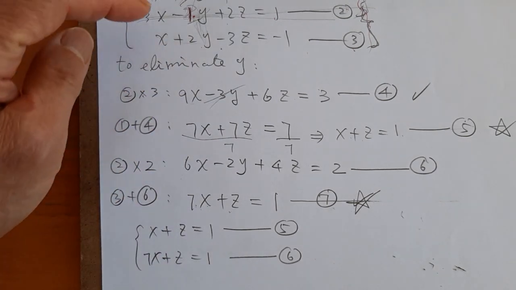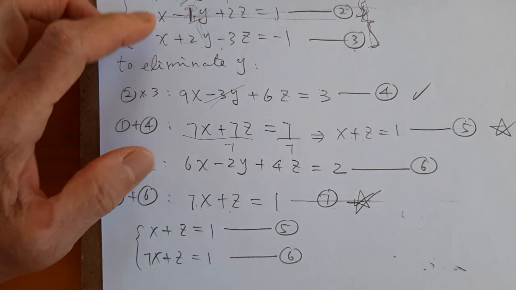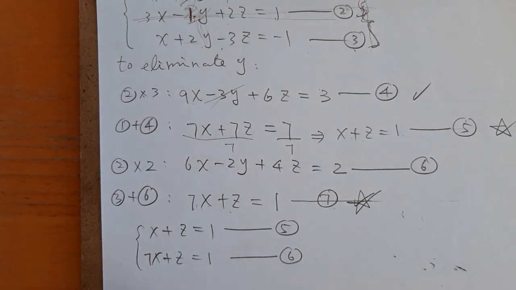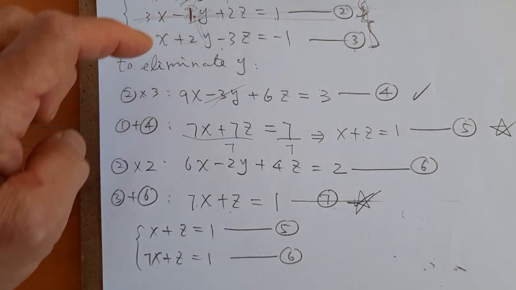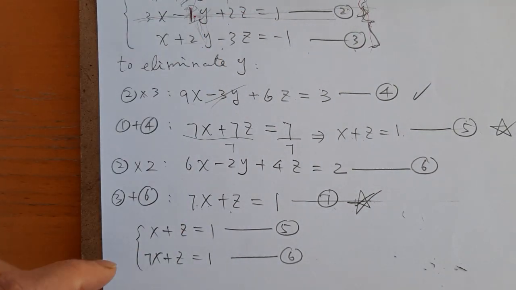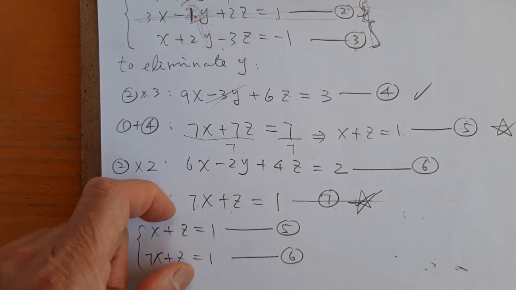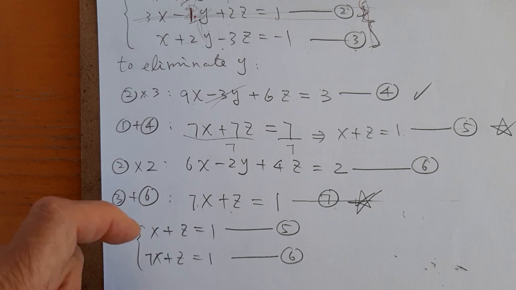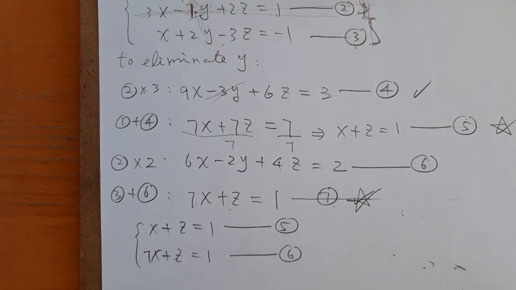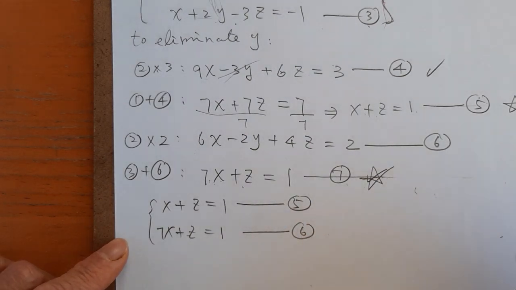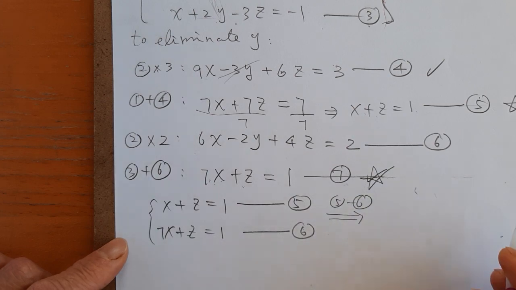From 3 variables, 3 equations, eliminate y, then form 2 variables, x and z, and 2 equations. Now then eliminate z, because z minus z is 0. So you can do the 5th equation minus the 6th equation.